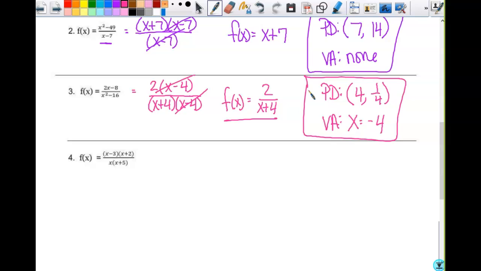What questions do we have? Awesome. Then you find the vertical asymptotes for number 4.